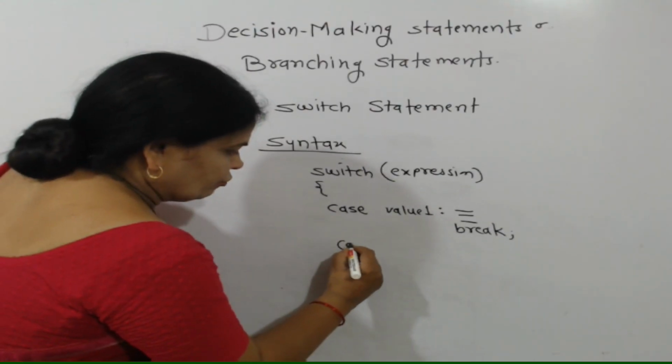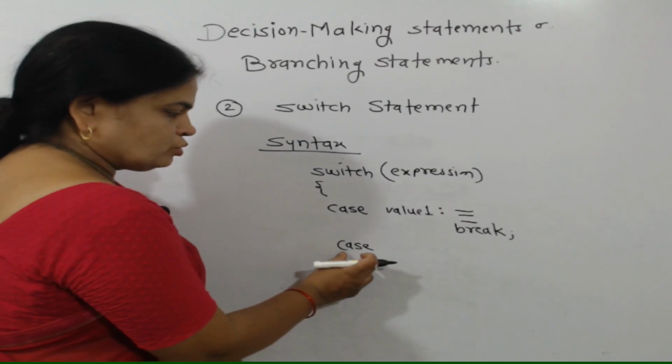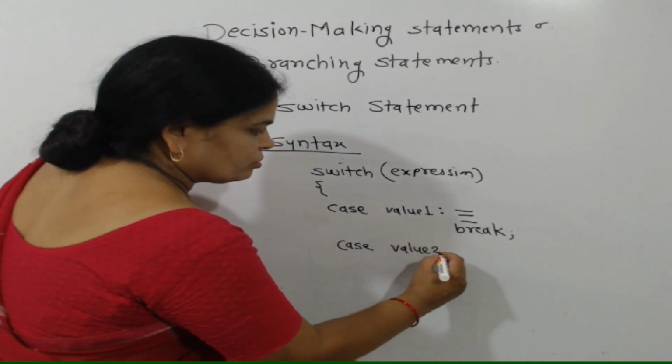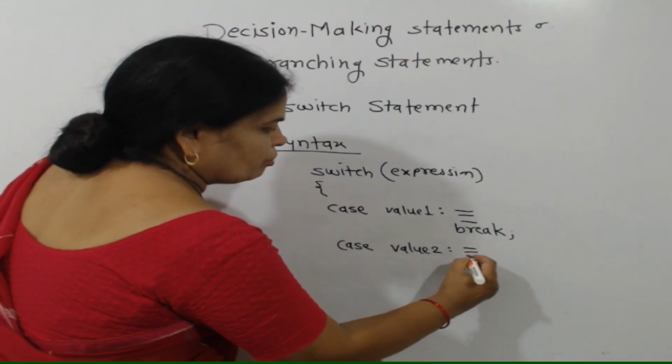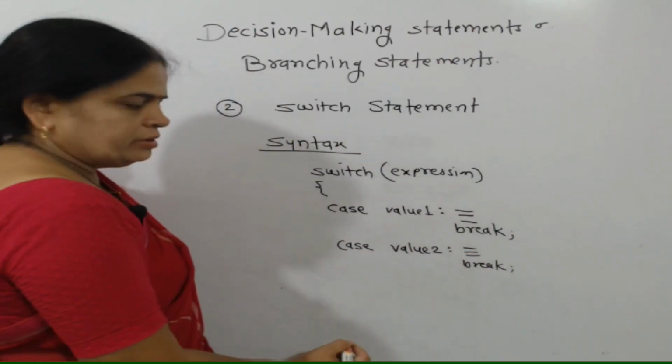Again, for the second choice we will have the second case. The same case keyword is there, another value, so value 2, again a number of statements. After that a break statement will be there.